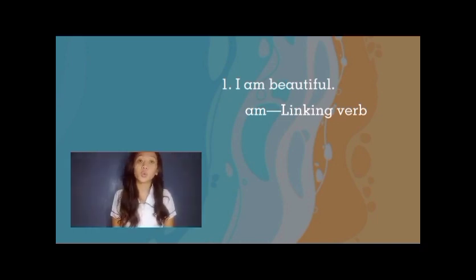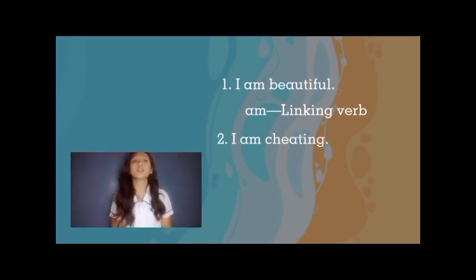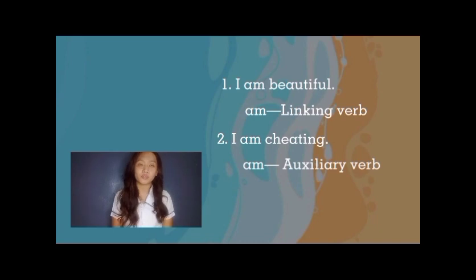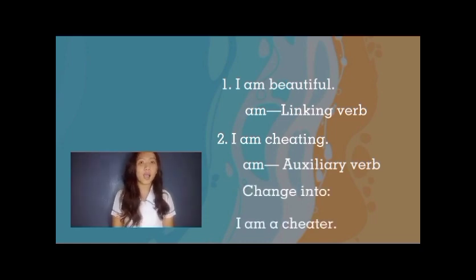It is because the word am is simply describing the subject, I, using the adjective beautiful. Next is I am cheating. This is an auxiliary verb because the word am is used to emphasize the main verb cheating. But you can turn the sentence into a linking verb as I am a cheater.